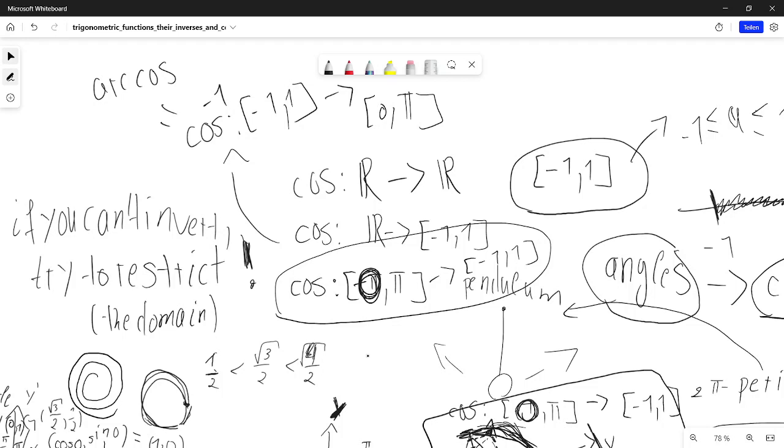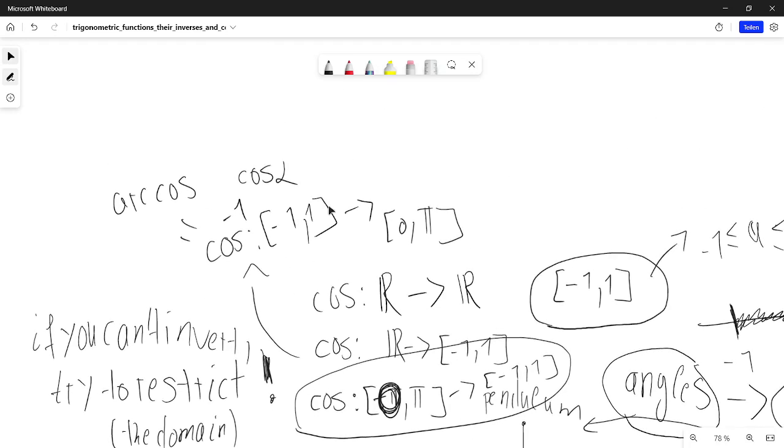Right. So you give it a cosinus of alpha. And what does it give you? It gives you always alpha, but always alpha in 0 to pi. So if you thought of such an angle, you computed the cosinus, cosinus of alpha, alpha in 0 to pi.